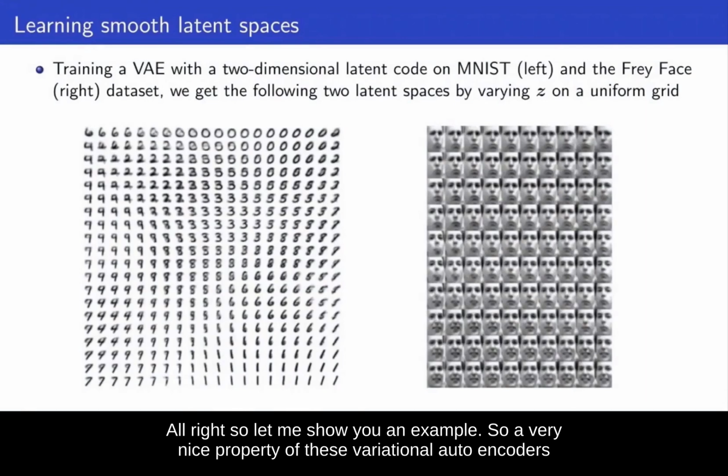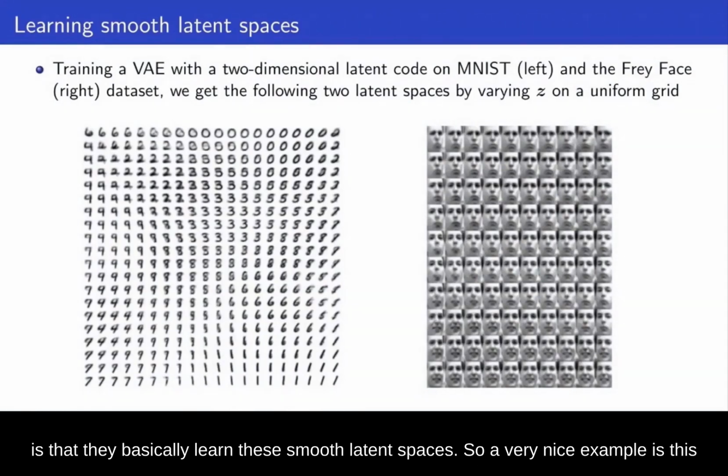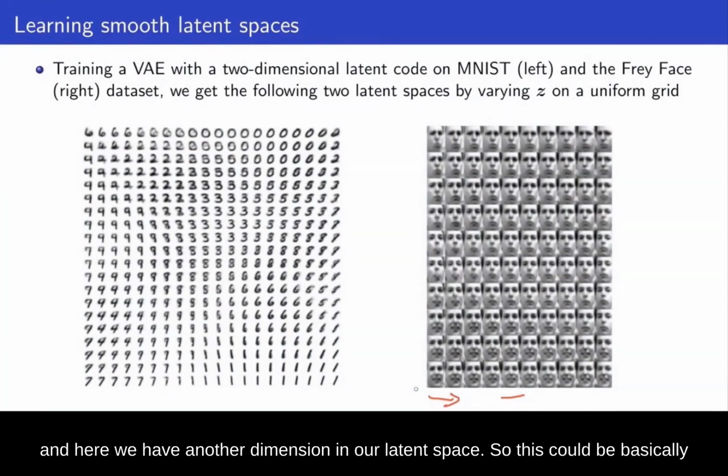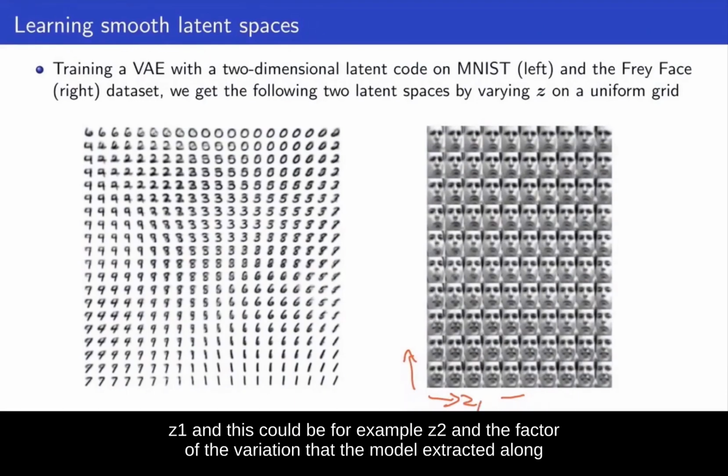All right, so let me show you an example. A very nice property of these variational autoencoders is that they learn smooth latent spaces. A very nice example is this faces data set that you see here. Here we have one dimension in our latent space, and here we have another dimension. This could be Z1, and this could be, for example, Z2.